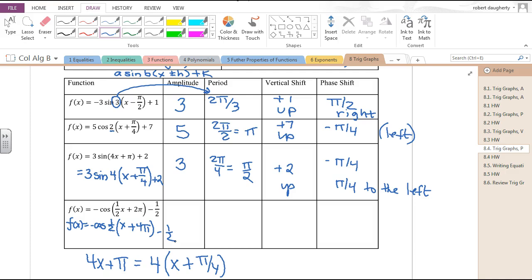So now look at this. What is the amplitude? Amplitude is 1. What is the period? Yeah, 2 pi divided by 1/2, which is just 4 pi. Vertical shift. It goes down by 1/2, and the phase shift.